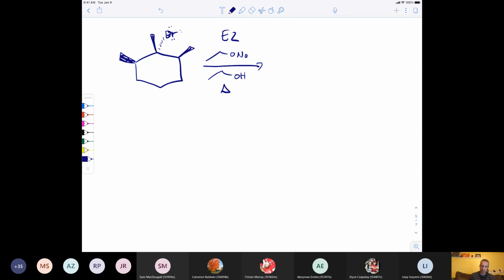When you're on a cyclohexane ring, we have this requirement with E2s that the hydrogen and the leaving group be anti-coplanar. That's only achieved when the leaving group is axial and the beta hydrogen is also axial. So in this case, what you could do is convert this to the cyclohexane chair. It looks like this. The way I like to think about this is if you see a wedged bond, consider the group up.